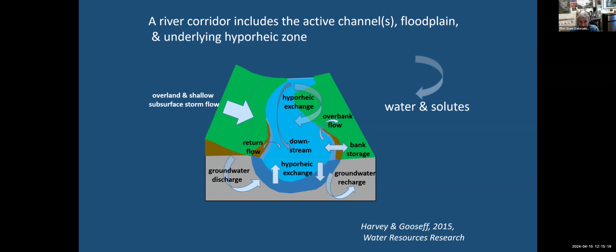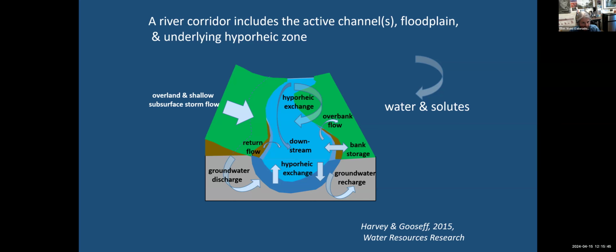There are plenty of highly disconnected natural river corridors, or there are river corridors that have strong longitudinal and limited lateral and vertical connectivity, or vice versa. So limited longitudinal, strong lateral and vertical. The point is that understanding the degree of connectivity in each of these three dimensions and the features that influence that, I think, is important to understanding how the river corridor operates.